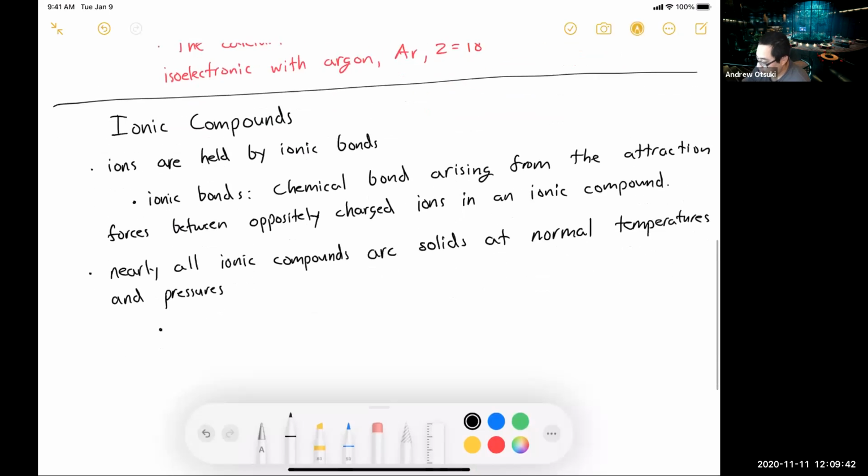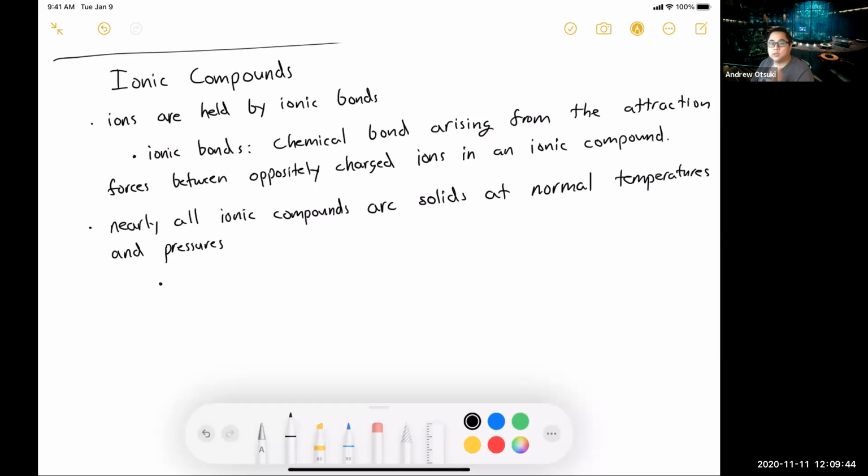And one last thing about ionic compounds. These solids tend to form a very patterned geometric structure, and we call that a crystal lattice. So they're very nicely arranged in a lattice structure, and it has to do with these ionic bonds forming this repeating structure in a crystal lattice.